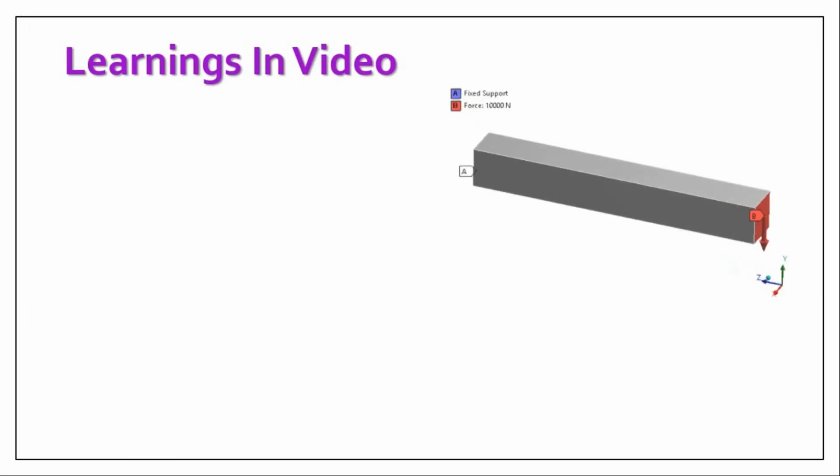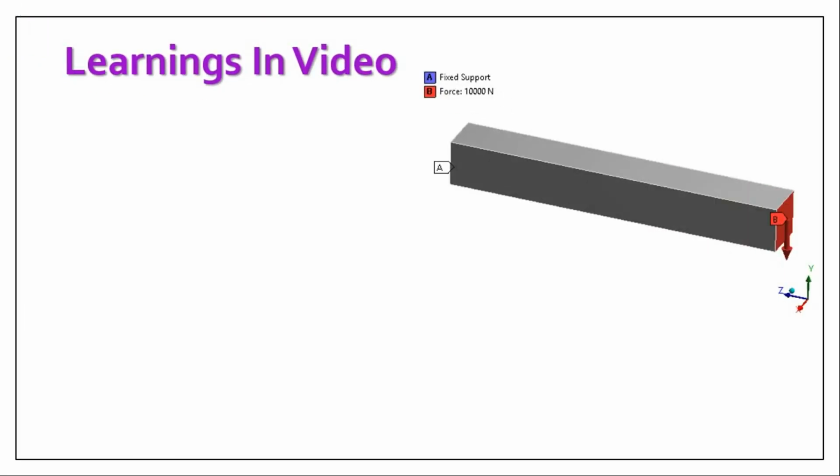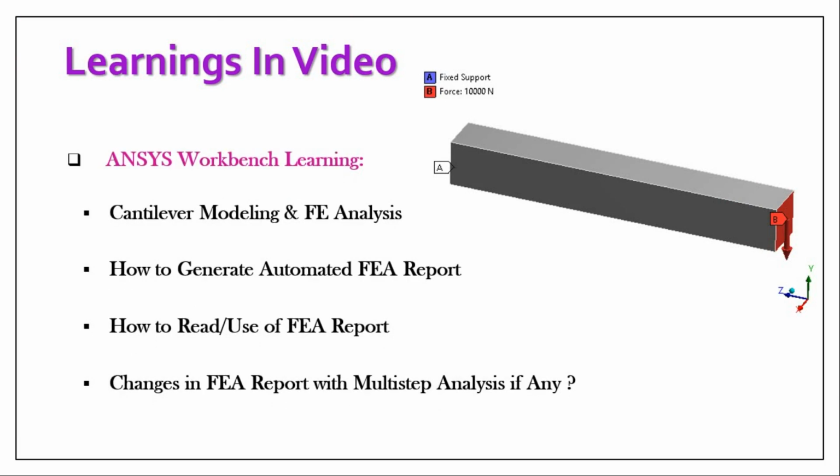So this slide represents the learnings in this video. The very first we will discuss this cantilever beam simulation. In this we will try to model this, apply a point force over here, and fix one end.